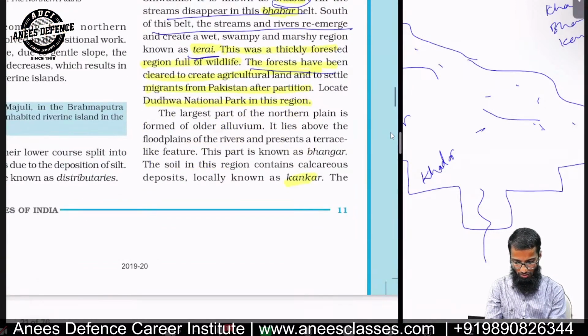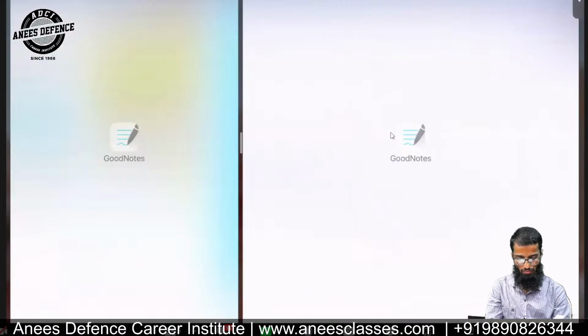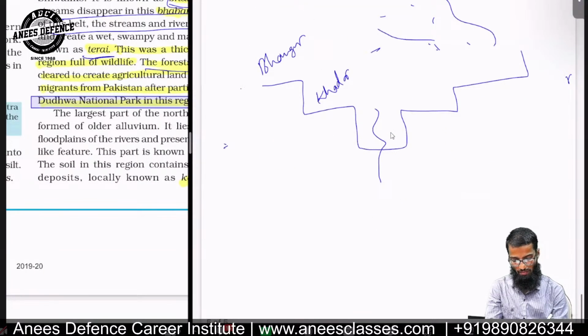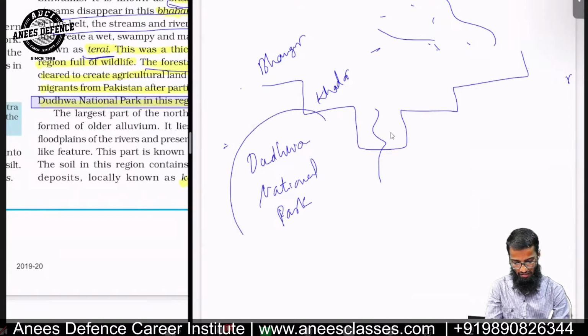And now, Dudhwa National Forest, I will give a question to you. You need to locate where Dudhwa National Park is. Tell me, in which state is this national park located?